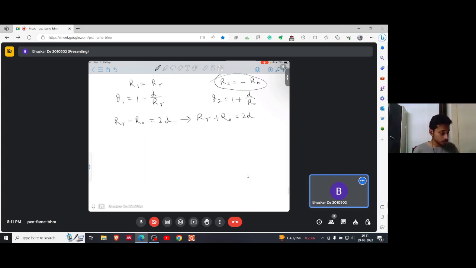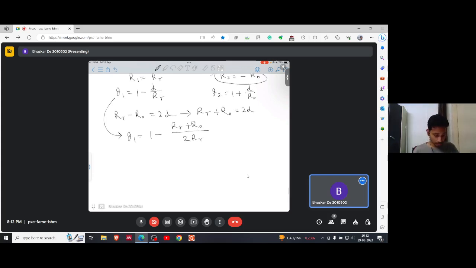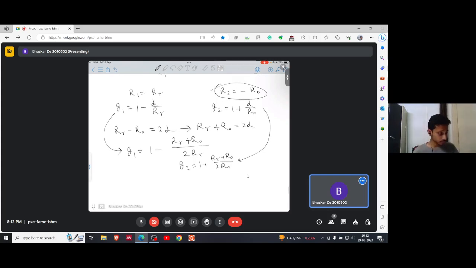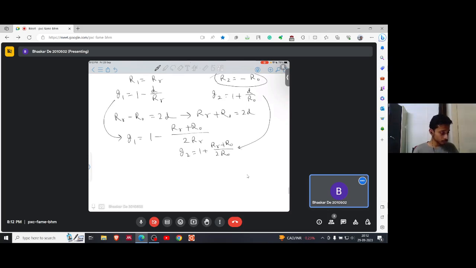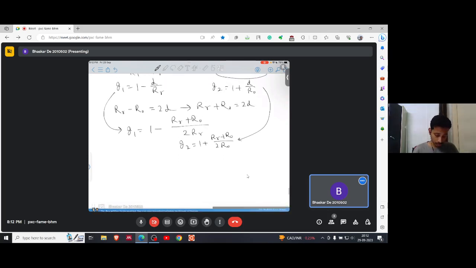So basically then g1 will become 1 minus (rr plus r0) by 2rr, and g2 becomes 1 plus (rr plus r0) by 2r0.